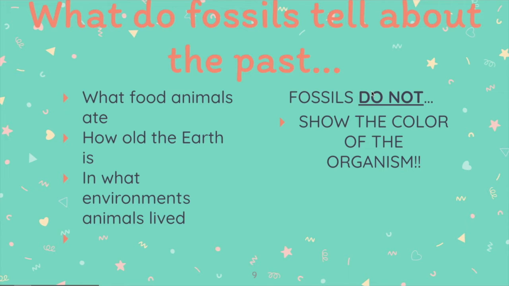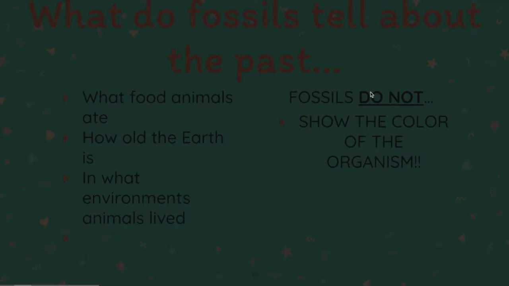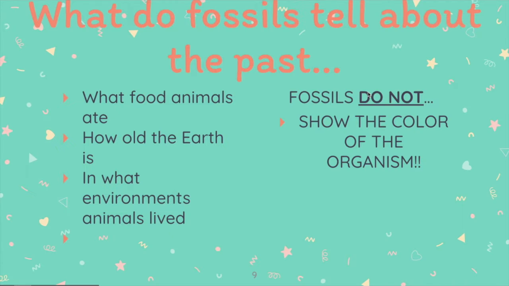It cannot tell us what color different leaves were or different flowers. Fossils can only show an imprint of the organisms, and its imprint is usually just the shape. An imprint is just the shape of the organism. It does not tell the color.